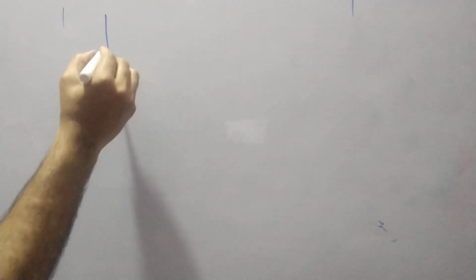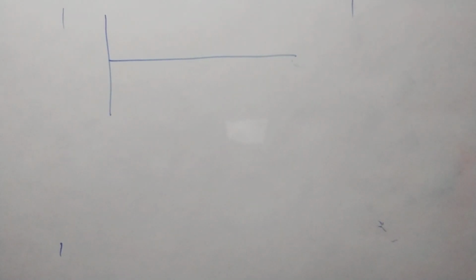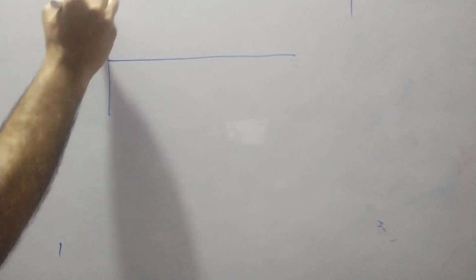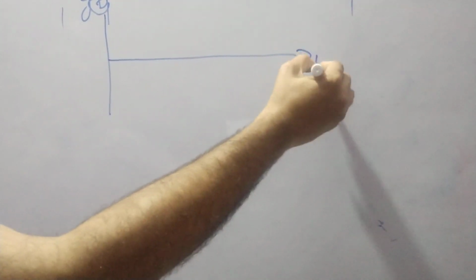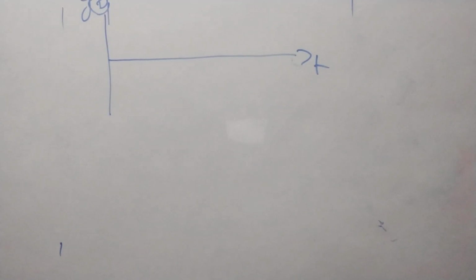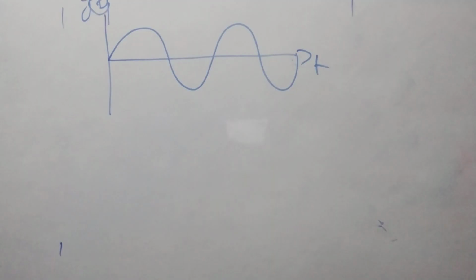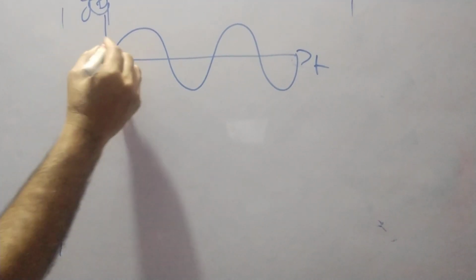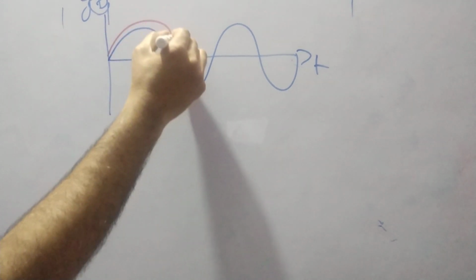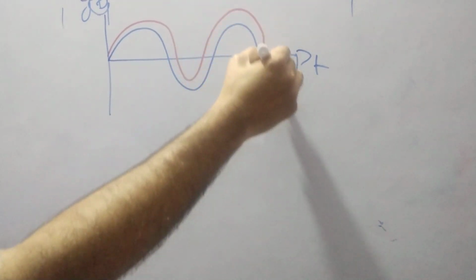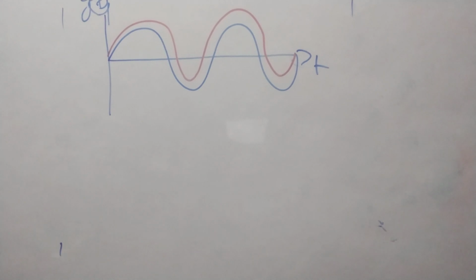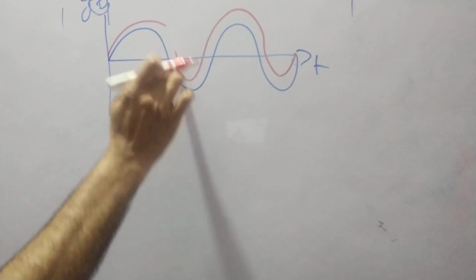Now I will take two curves here like this, right? So this is y of t, this is time t. Here I am taking two curves like this. This is one curve, and another curve I am taking like this. Or you can take like this also.